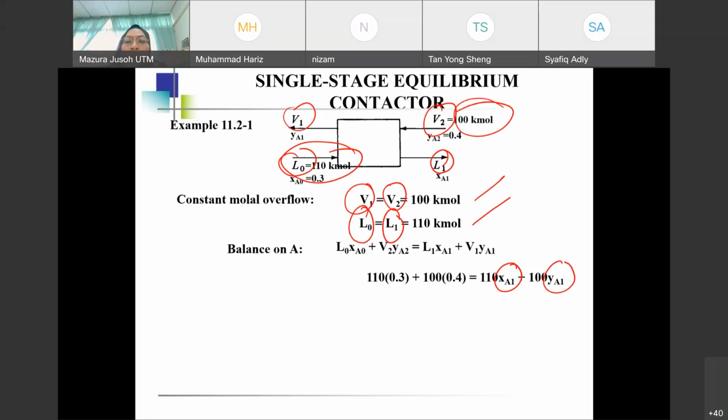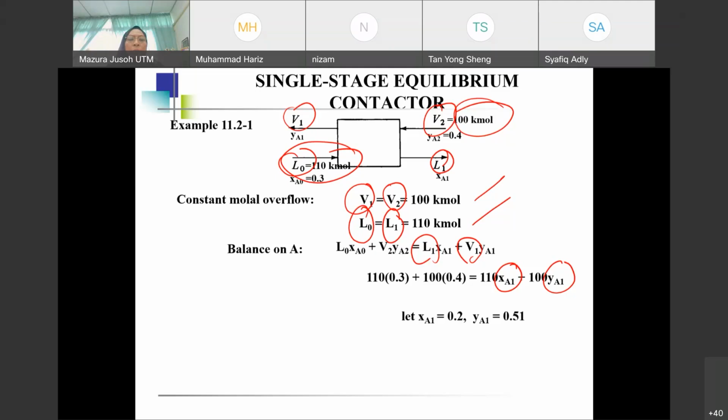Okay, so for L1 the answer is 110. For V1 the answer is 100 kilomole. Okay, so now you want to do a trial and error to get XA1 and YA1.